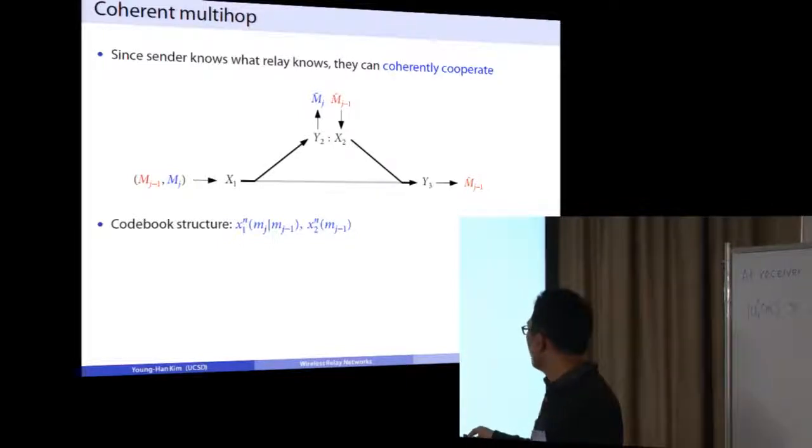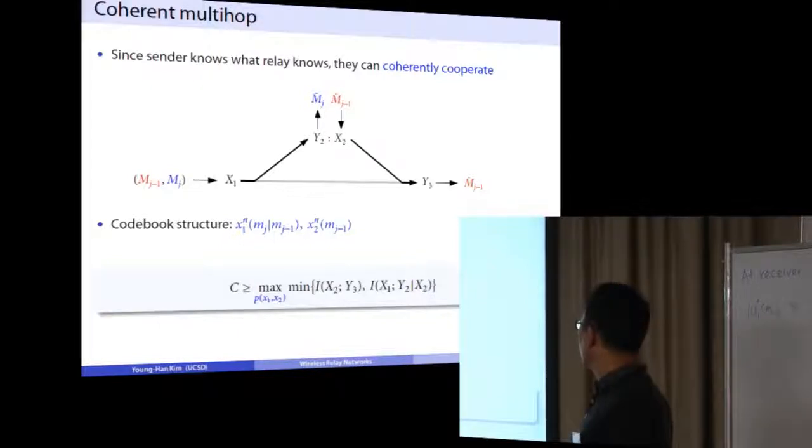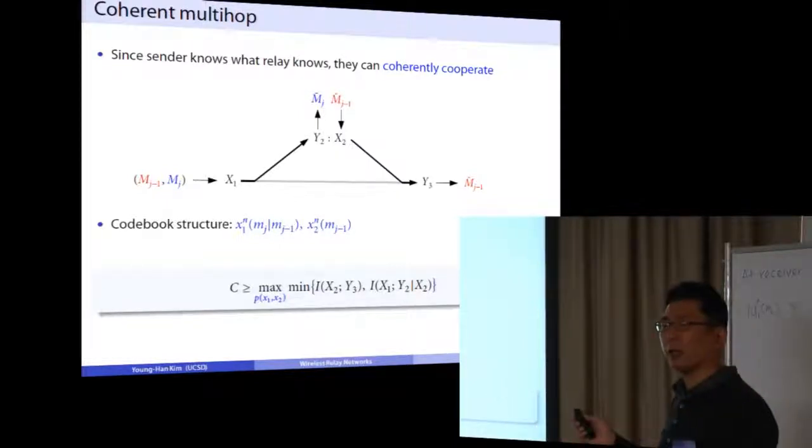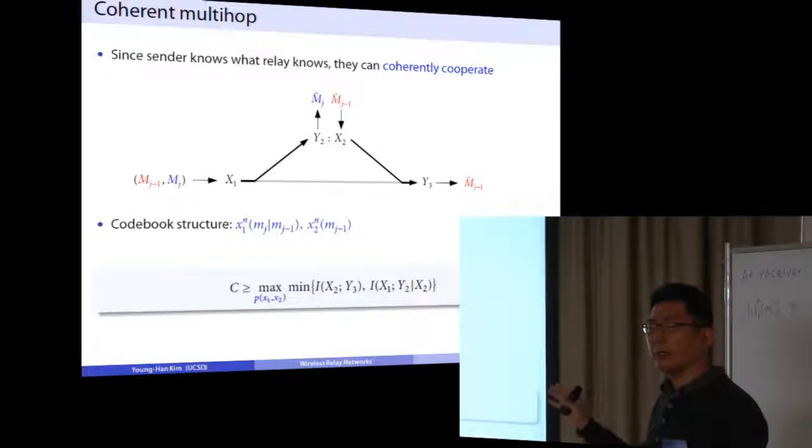By using simple superposition coding, X1 can send both the previous message and the current message, and by doing so, we can use codewords that are jointly distributed. So this way, we get so-called coherent multi-hop, and everything is the same as before, except that now we can increase the set of distributions to the joint distribution.